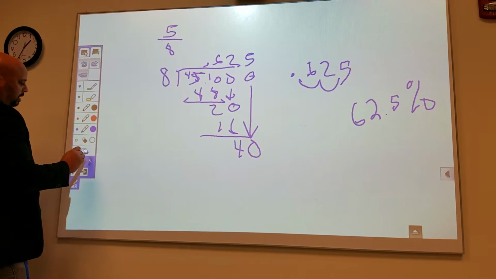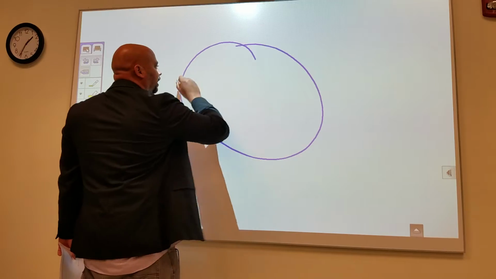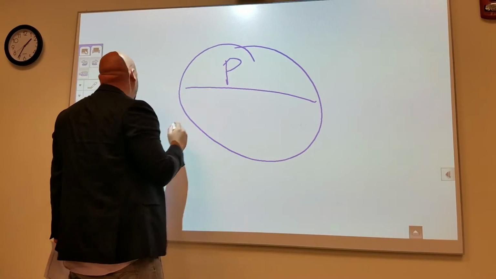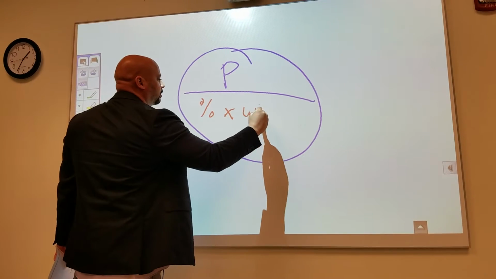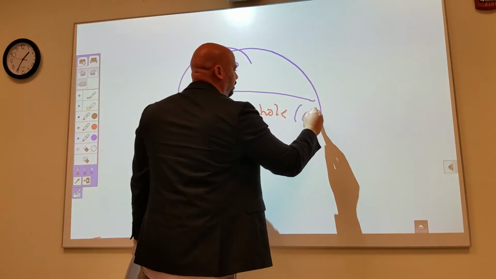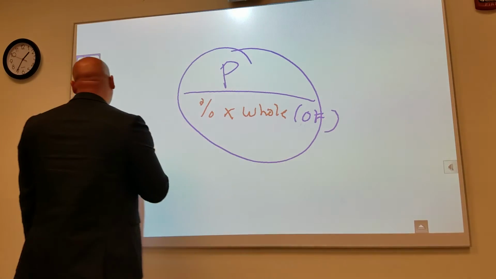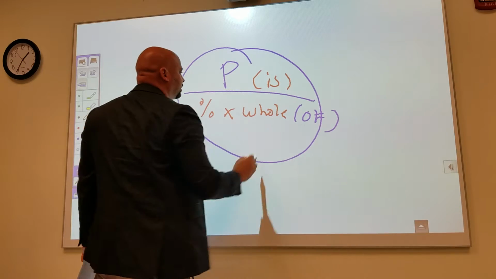Now, last part I want to talk about is, again, that percent circle, which is part divided by percent times whole, okay? And whole refers to the word of, and part refers to the word is. I'm changing the colors here to kind of emphasize those parts.